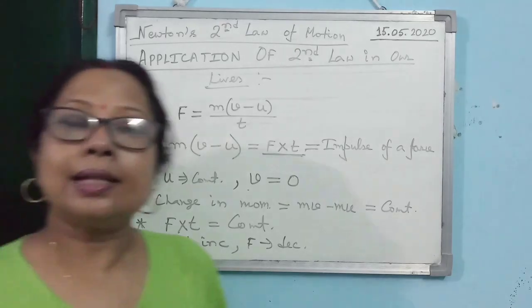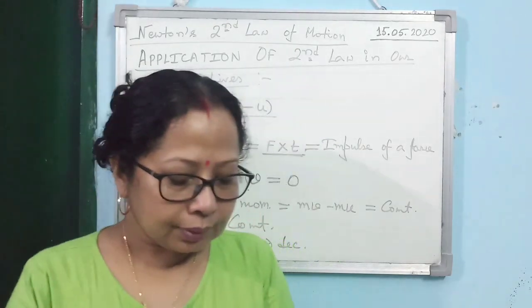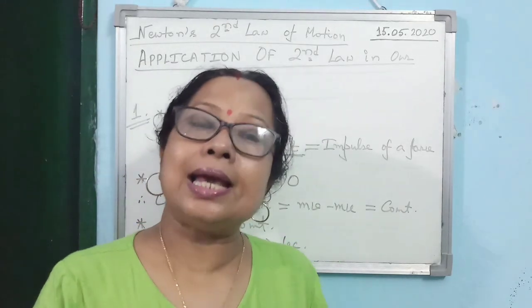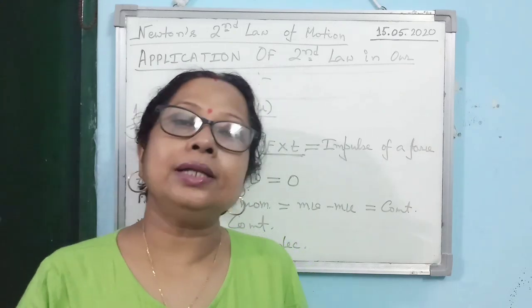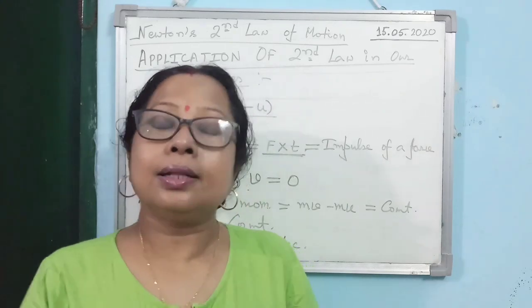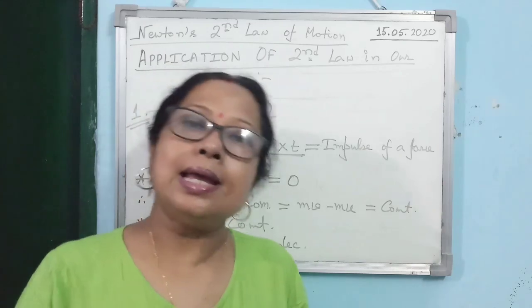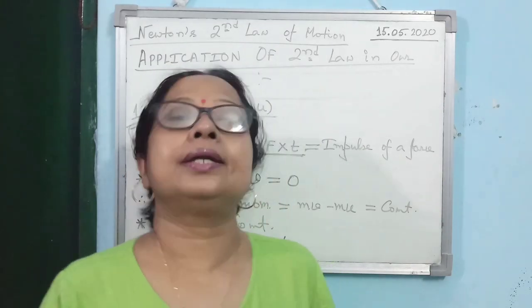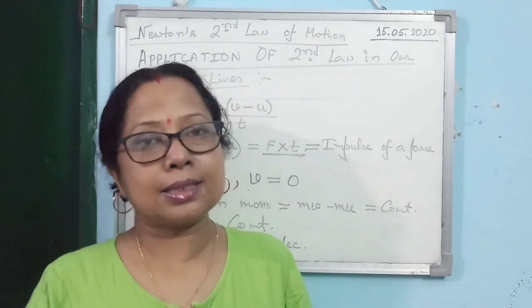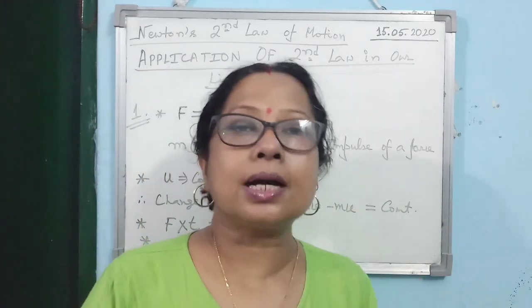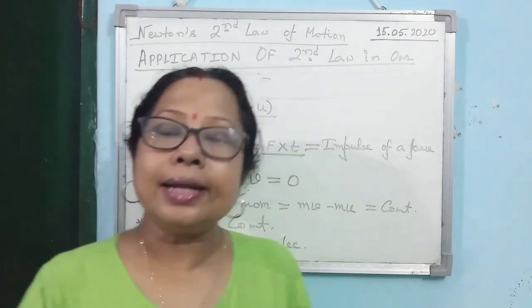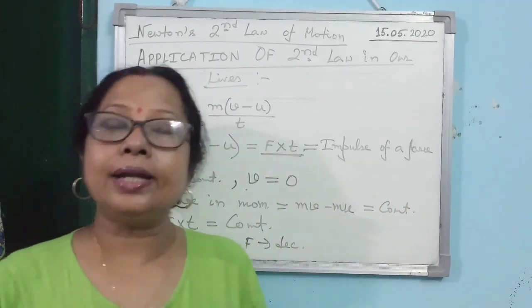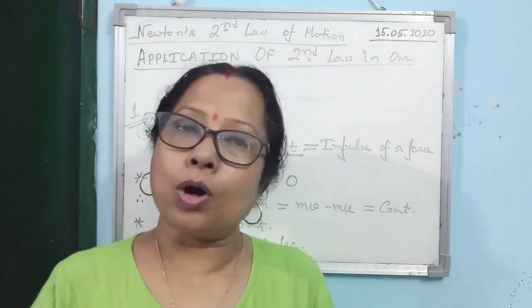Then, according to the third law of motion, the ball will also apply less force on the cricketer's hand. So the cricketer will not be hurt. This is the cause why a cricketer lowers his hand while catching the ball.